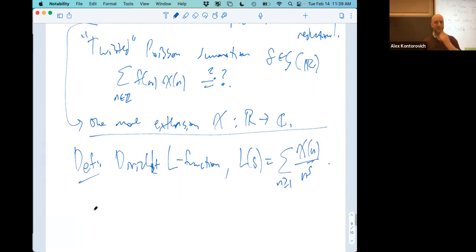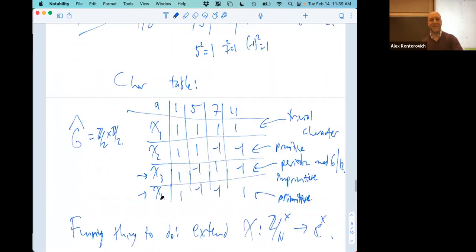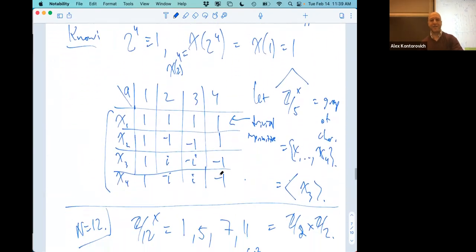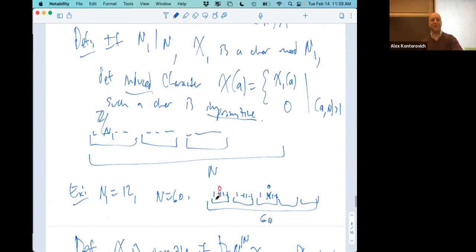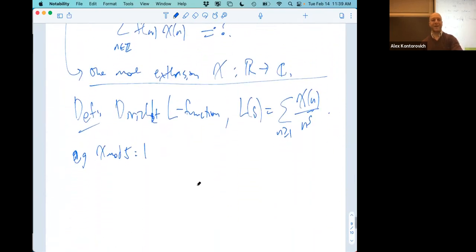So in the case of, for example, that character mod 5, chi mod 5 was 1, then i, then negative i, then negative 1. That was the character.